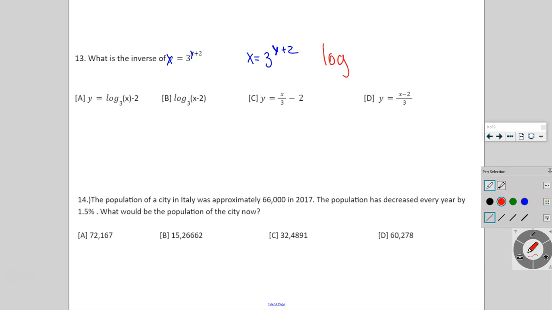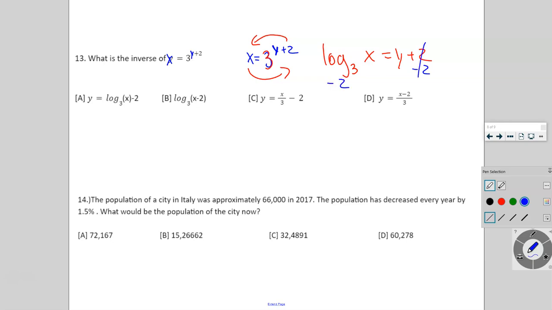So this is going to be a log with base 3. And now again, remember that these change places, right? So x will come in and y plus 2 will come out. Now to solve for y, we have to move the 2 to the other side.